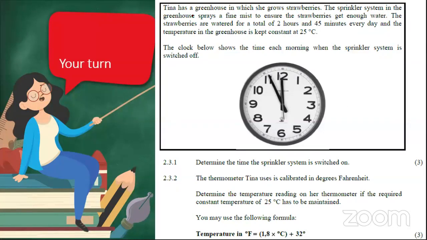Here it says, Tina has a greenhouse in which she grows strawberries. The sprinkler system in the greenhouse sprays a fine mist to ensure the strawberries get enough water.